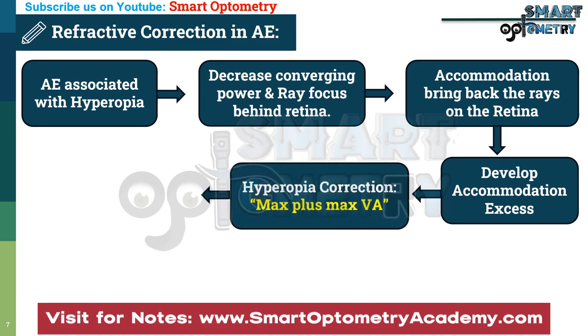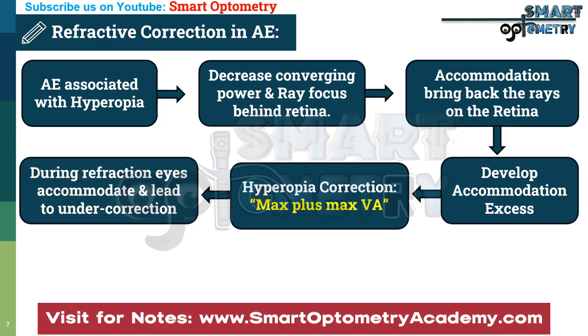But remember, in hyperopia, the eye accommodates for both near and distance. That means when we are doing refraction of a hyperopic patient, accommodation is already activated. So some amount of hyperopia is already corrected by accommodation when we are doing refraction.